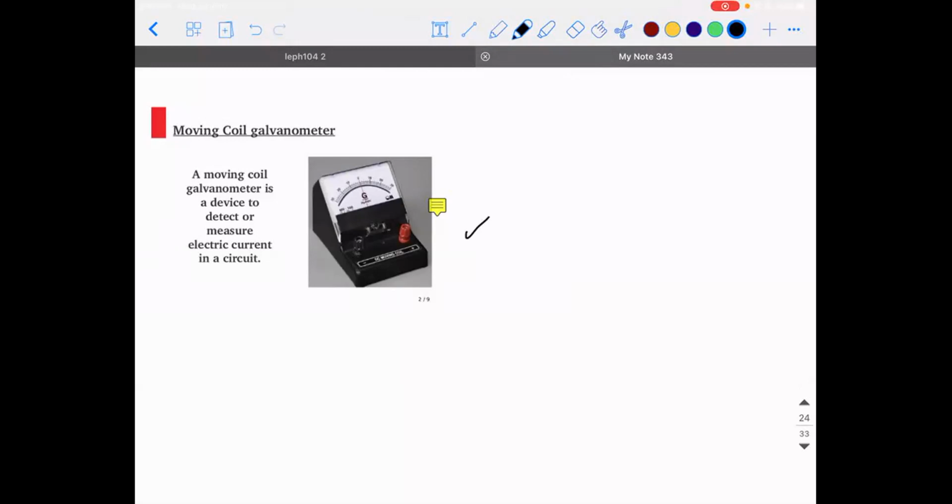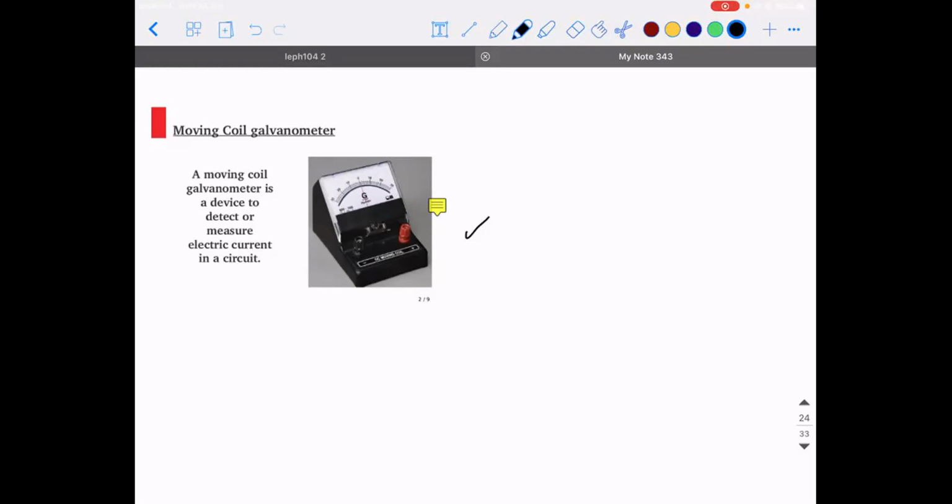Then what is the difference between a galvanometer and an ammeter? I think I've already told this in the case of Wheatstone bridge.